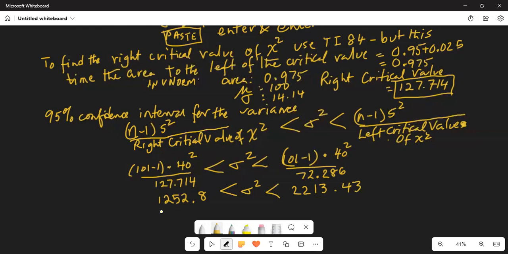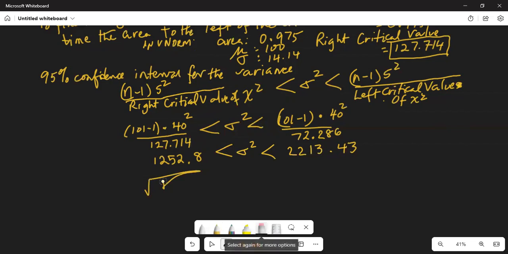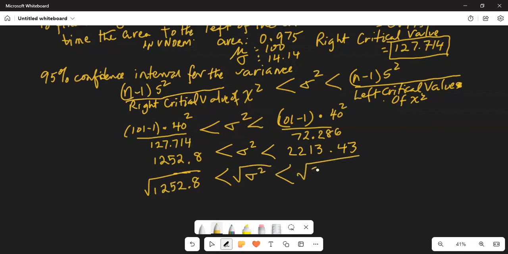Now, to get the 95% confidence interval for the standard deviation, we will take the square root of everything. So the square root of 1252.8, and the square root of 2213.43.